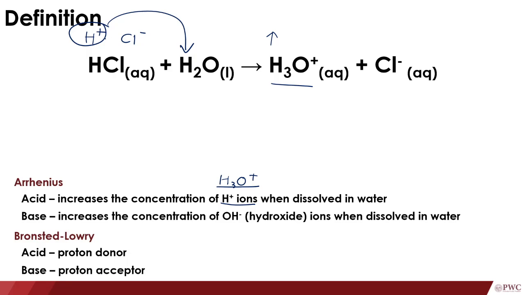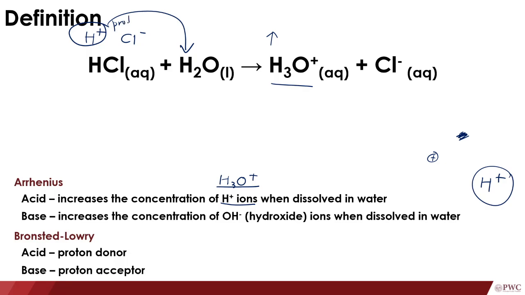Here we have the donation of H plus. Note that an H plus is composed, okay, let's go back to a hydrogen atom. A hydrogen atom is composed of one proton and one electron, and when we lose this electron, this becomes an H plus ion, and what's left in an H plus ion is a proton. So we can say that this H plus is also a proton.